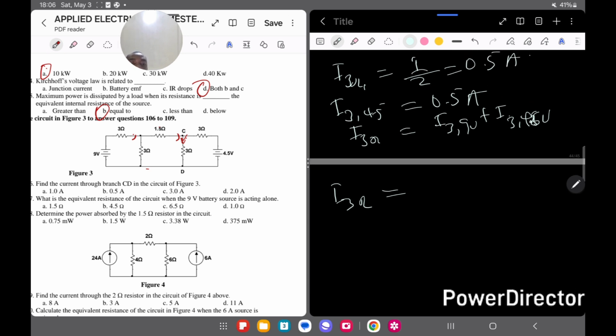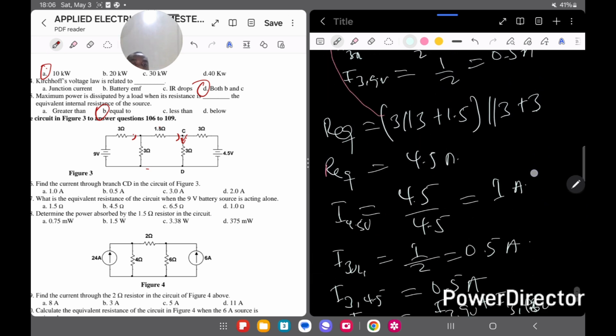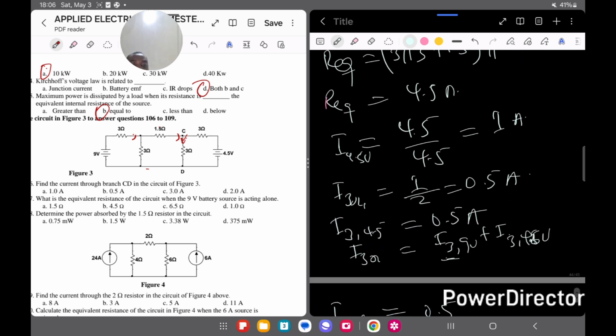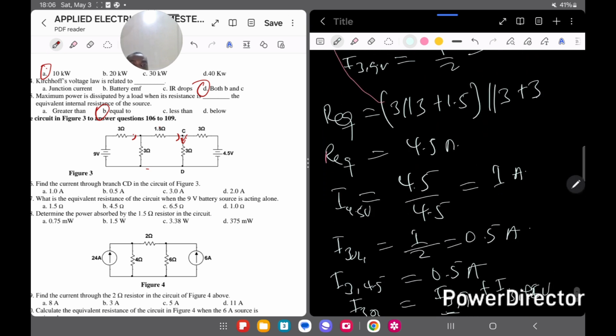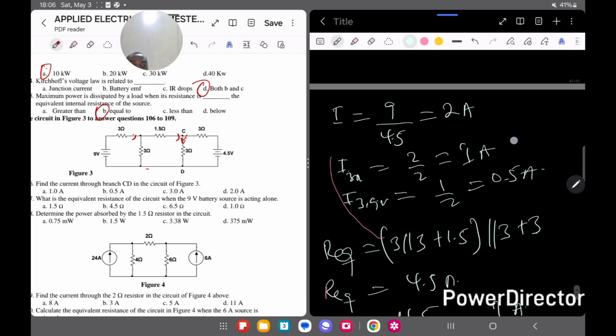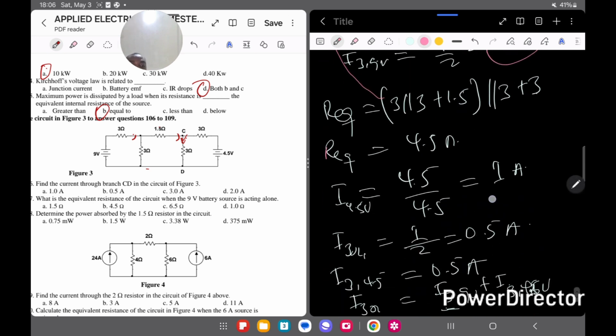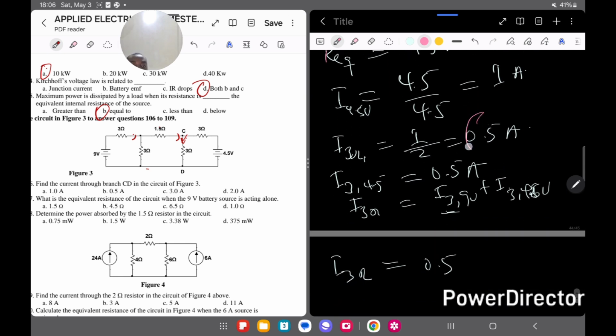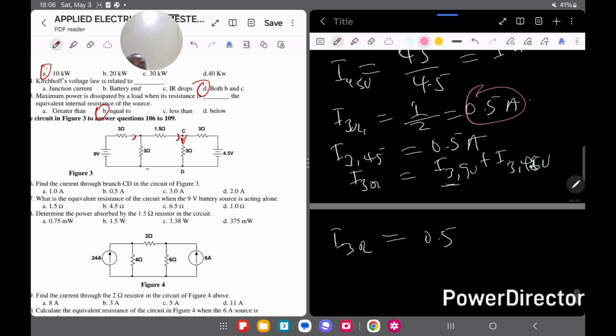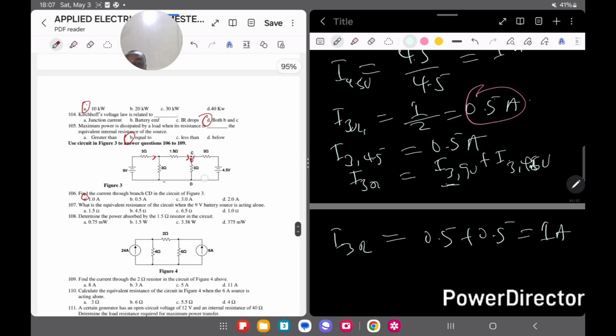We got 0.5 for the 9 volts acting alone, which was here, and the other one was also 0.5. Plus 0.5, that is going to give us 1 ampere. So the answer here is A.